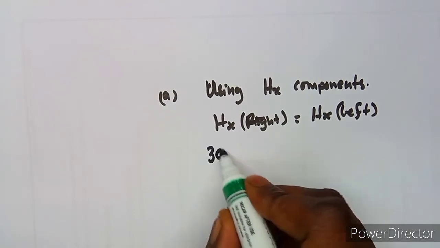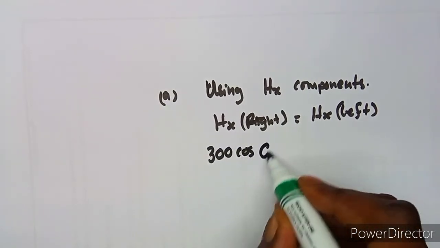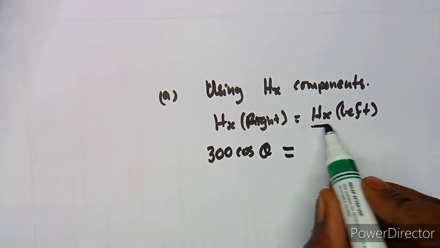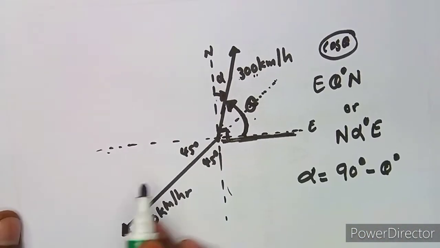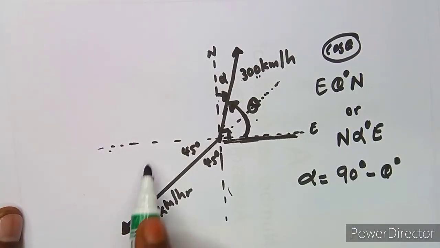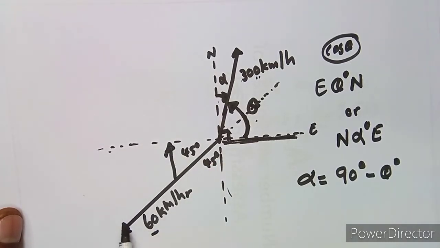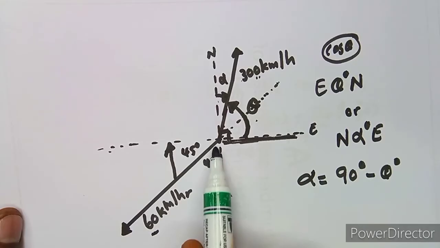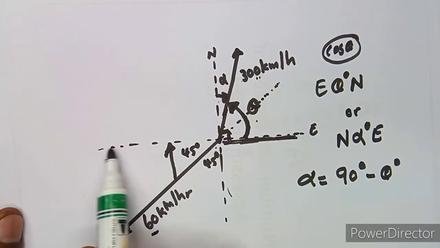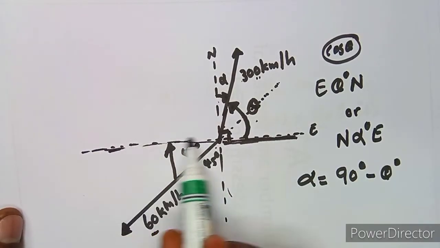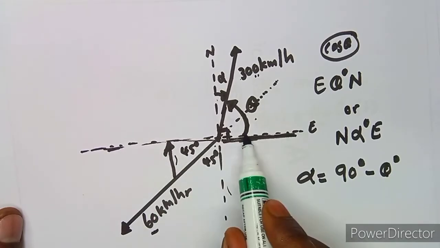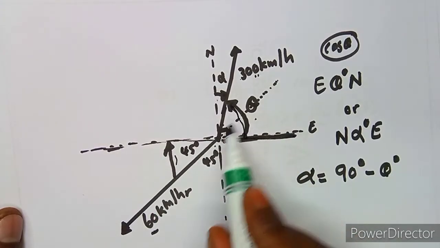So you've got 300 cos theta is equal to hx to the left. This is the one to the left, of 60, but there's an angle of 45 degrees between the wind here and the horizontal line. Remember, we take the angle between the wind and the horizontal line, so we are going to take 45 degrees.